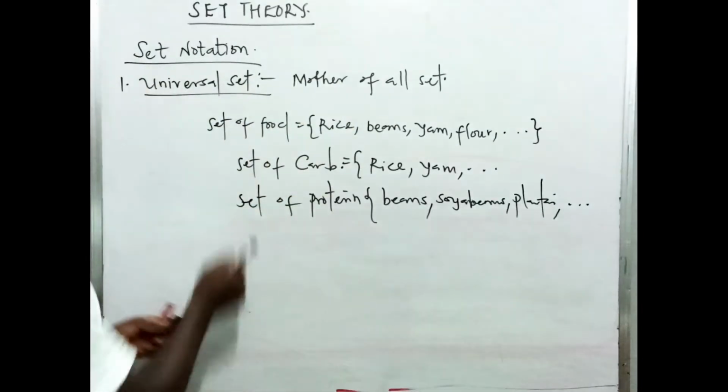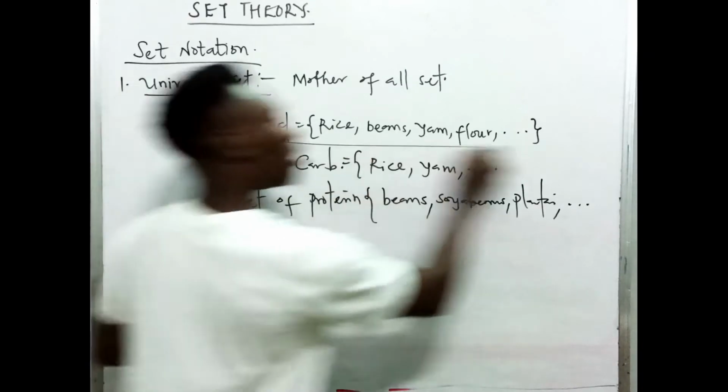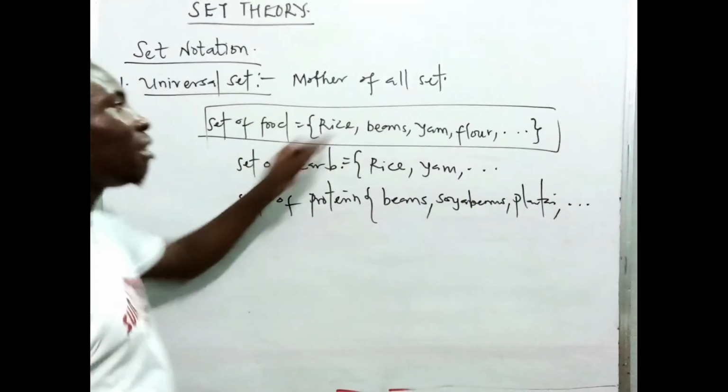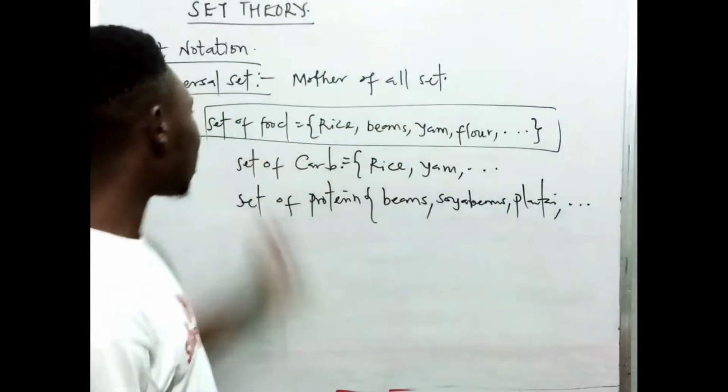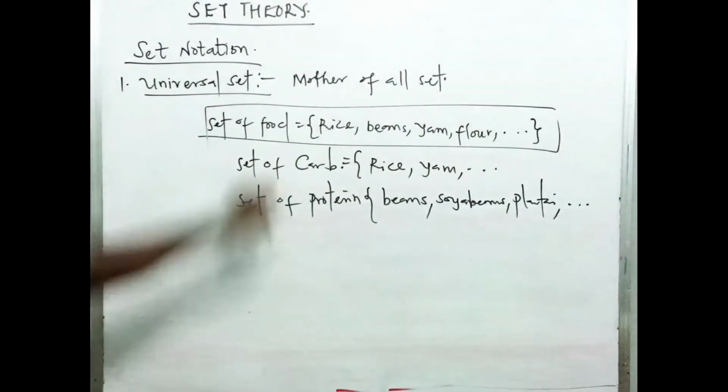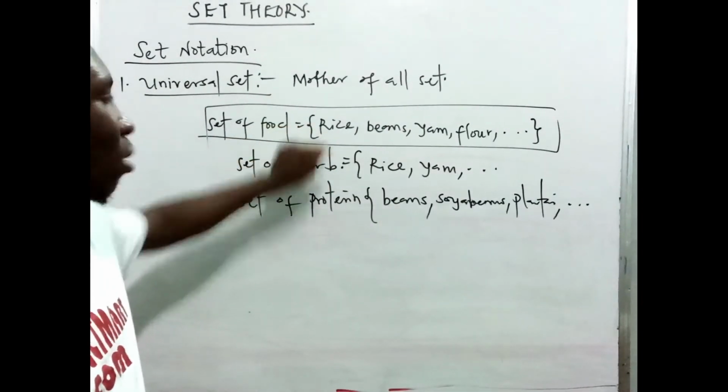Since these two were brought out from a general set, this general set here is the mother of all sets, because everything we are talking about food has to be brought out from the set of food.